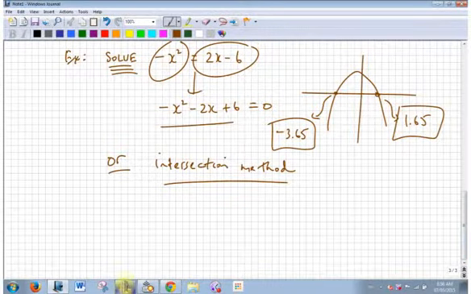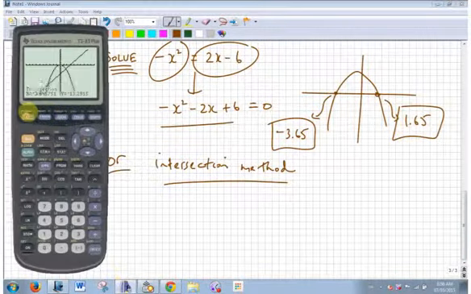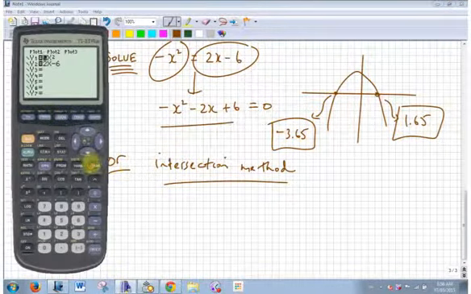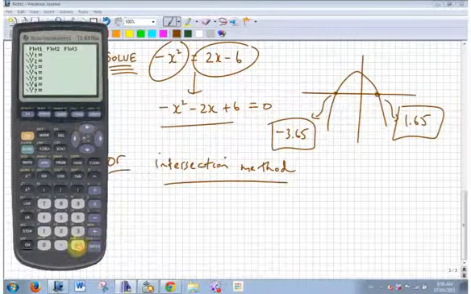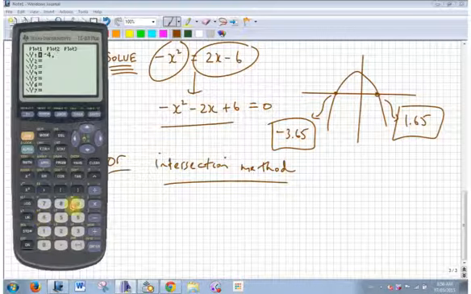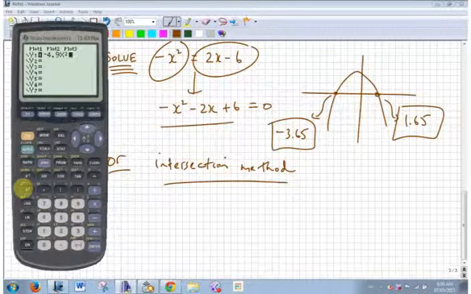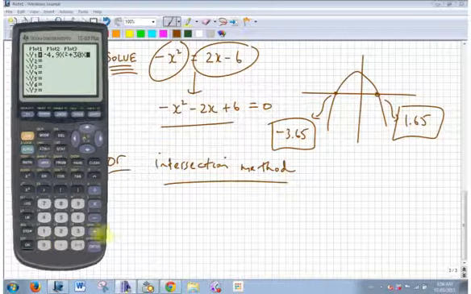So one other thing, because you actually do need to do intersection method for one thing. If this is my baseball, or my buffalo, or God knows what else we're going to throw up in the air, a baby, it's not very nice.